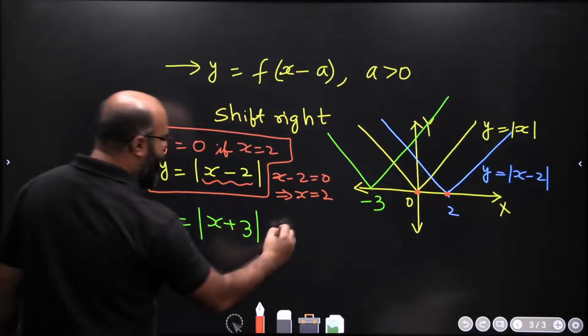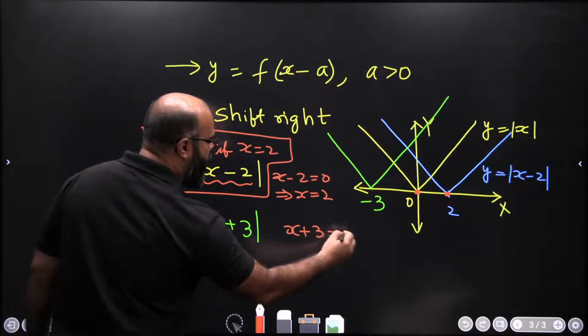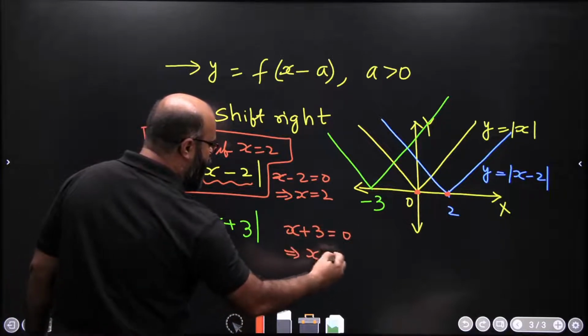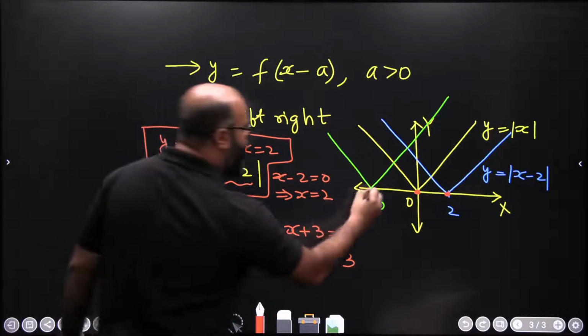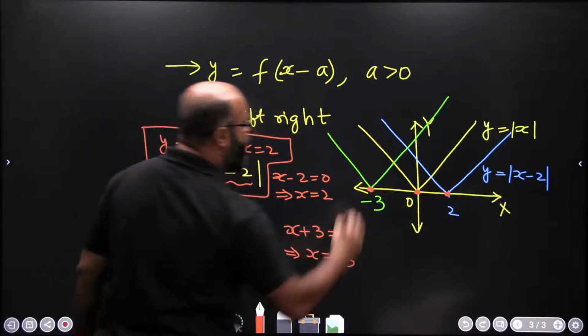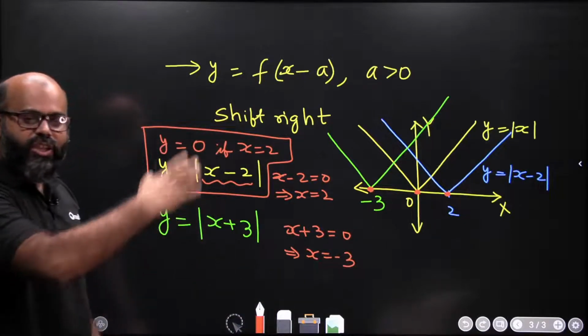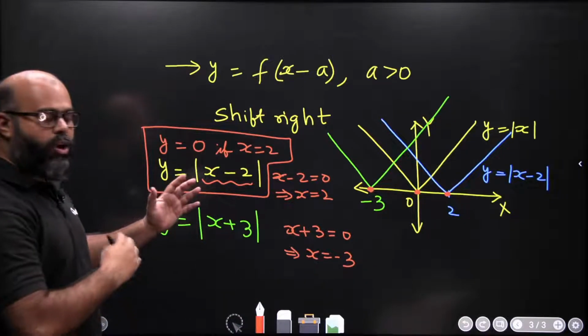Here when you take x plus 3 is equal to 0, x will be equal to minus 3. So the corner point is now minus 3, where it is changing its nature. So this is how it is shifting horizontally.